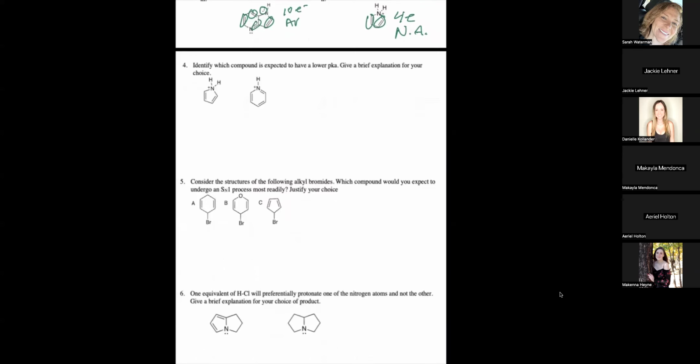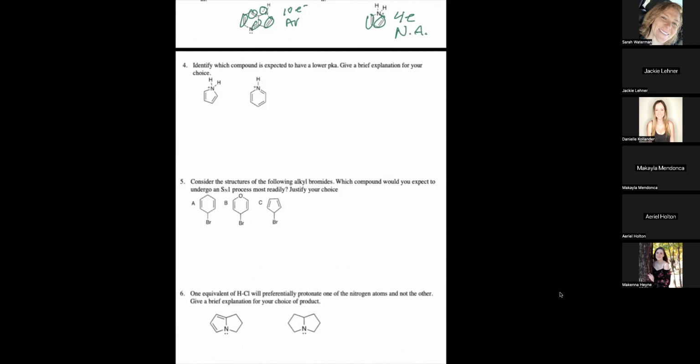Okay, so that means you probably wouldn't do this, I assume. Are you doing anything with identifying lower pKa's? Yeah, she did that, but without the nitrogen. The one with the benzene ring is the stronger one, so that one has the lower pKa, right? The aromatic, sorry, not stronger, the more stable one. Yeah, exactly.